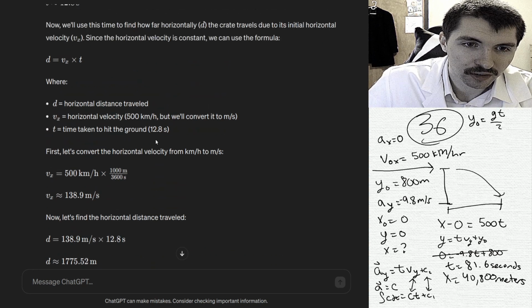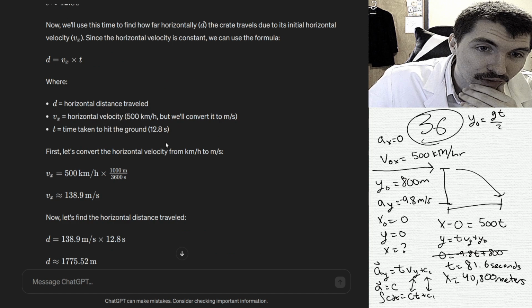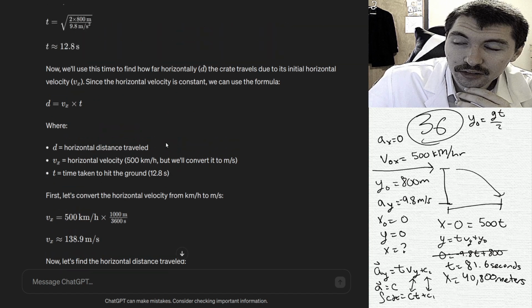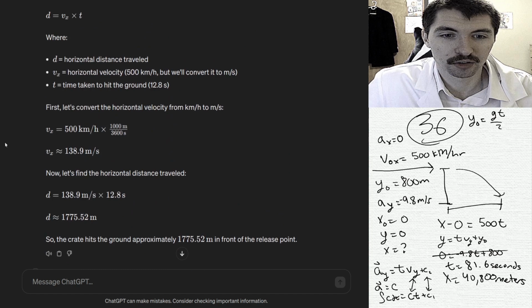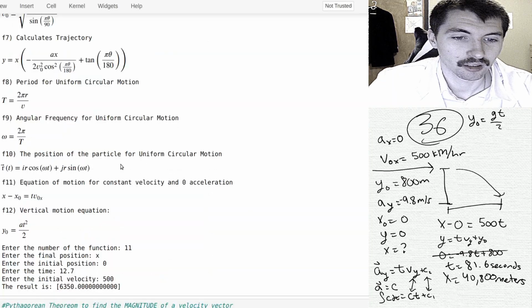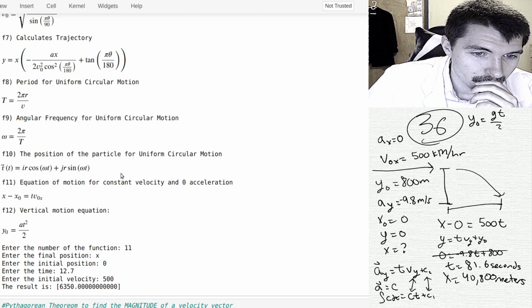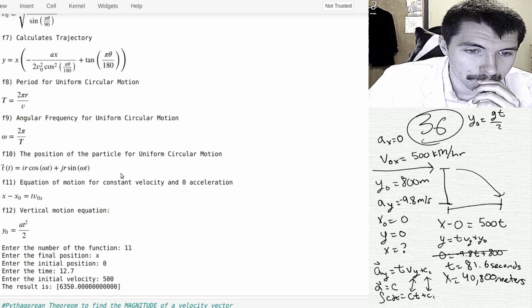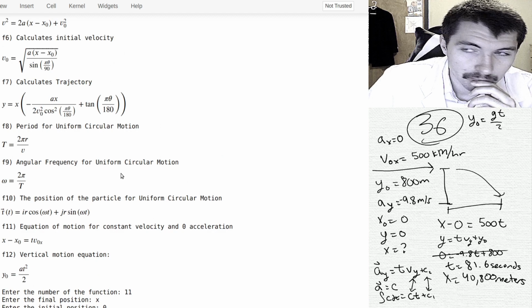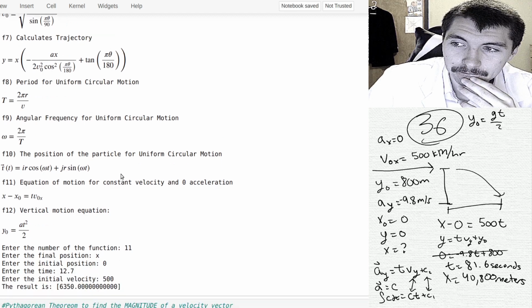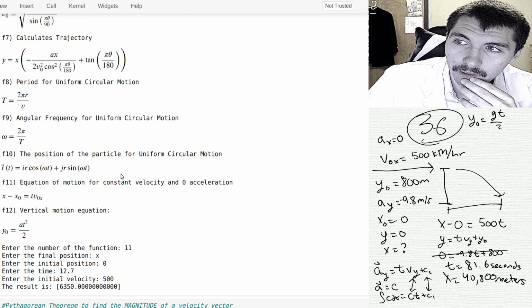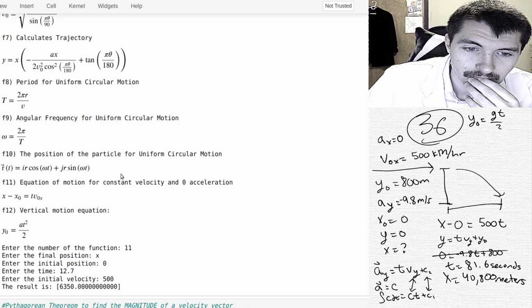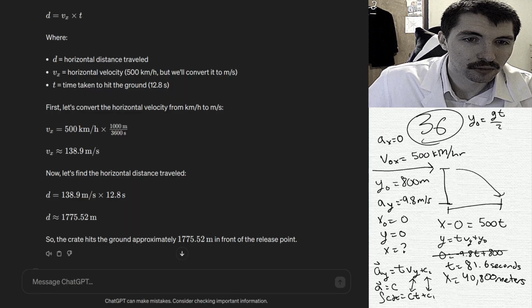Initial velocity is 500. So we get 63,000. Okay, and we had to convert this, and what a tricky problem. What do they even do?